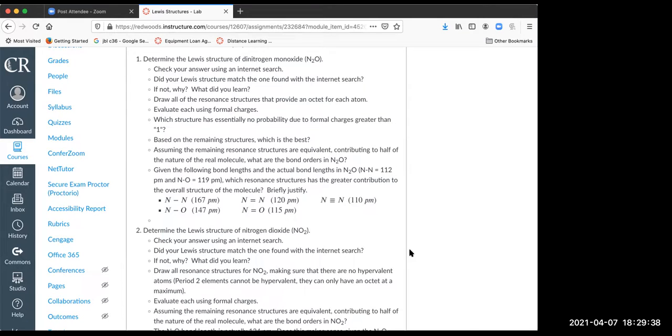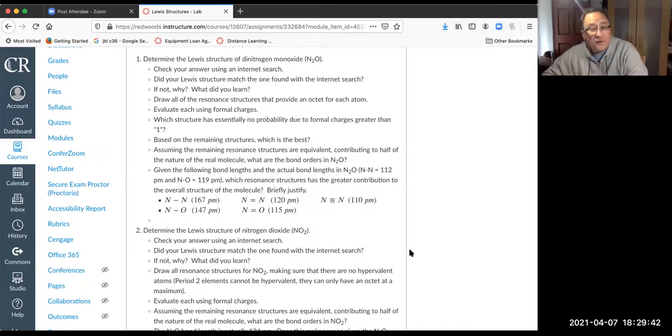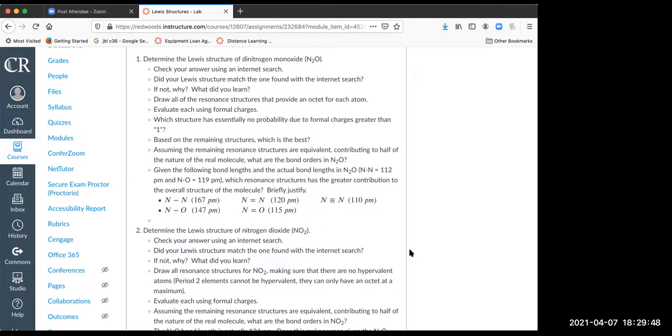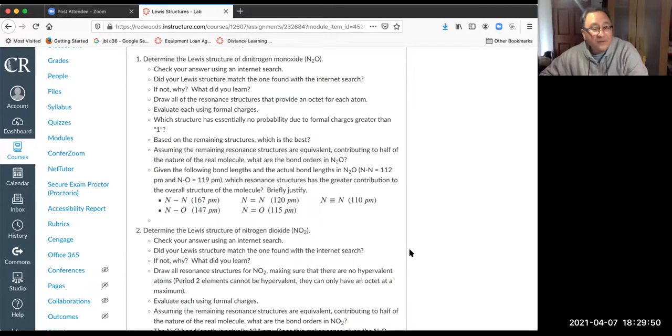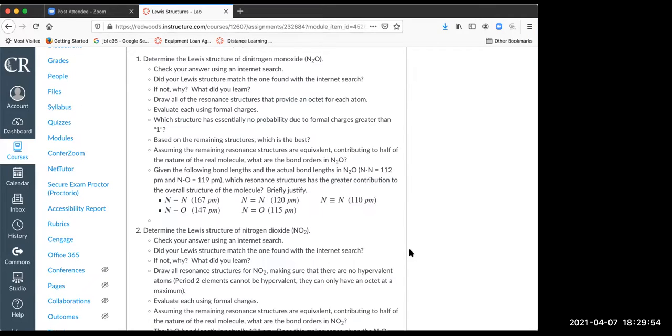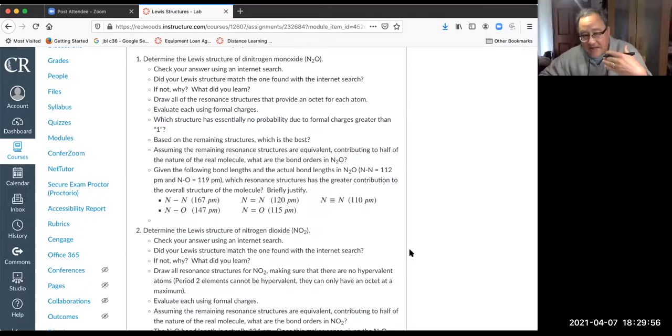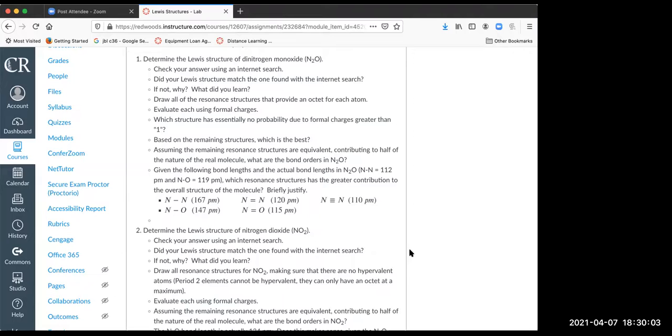Triple one, it's 110 picometers. And what is it for a nitrogen-nitrogen double bond? What is a bond length for a typical nitrogen-nitrogen double bond? 120.